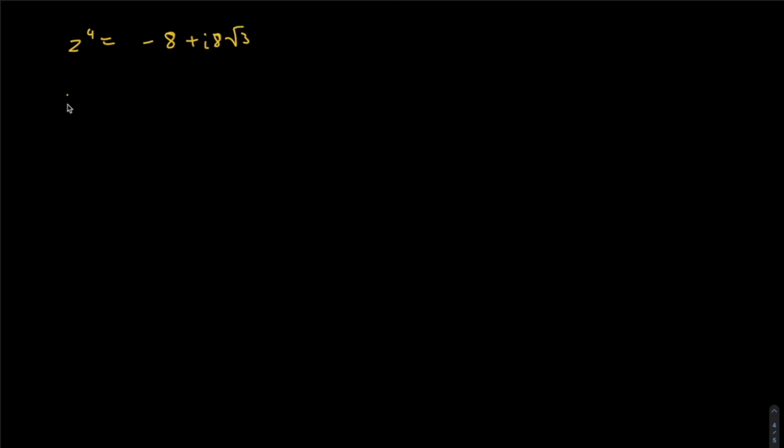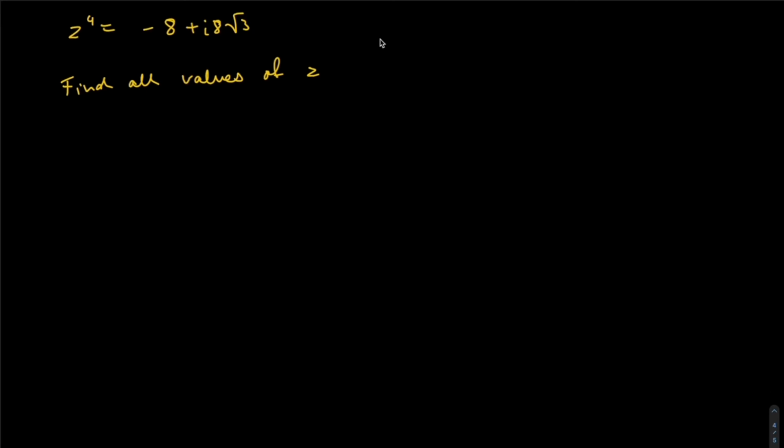So basically we have to find all values of z, right? Again, if you don't remember, I'll just rewrite the formula for De Moivre's theorem for the complex roots.